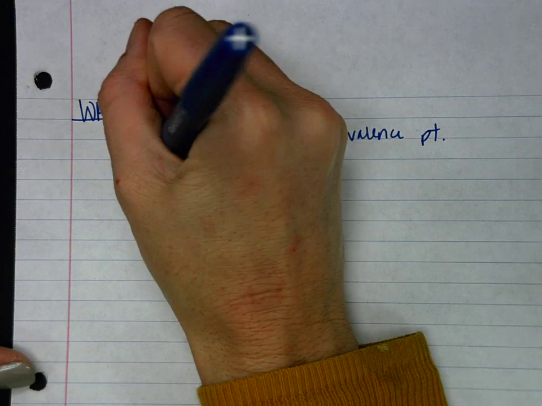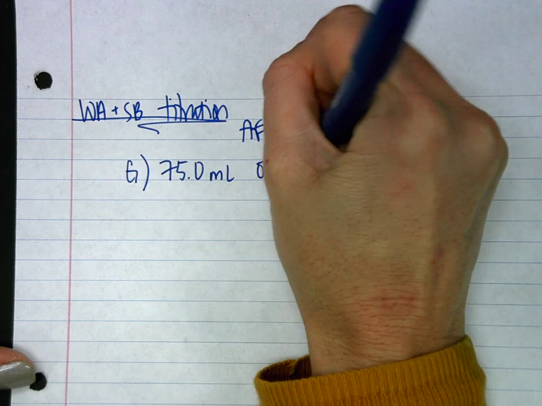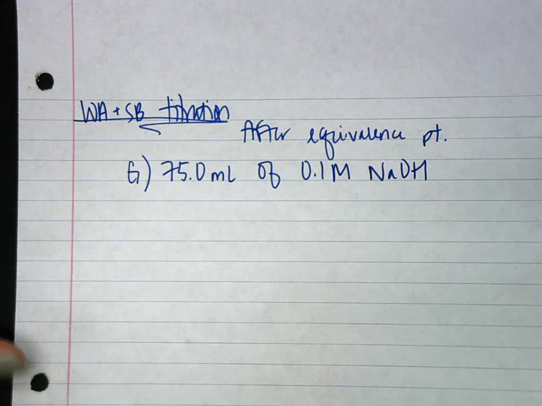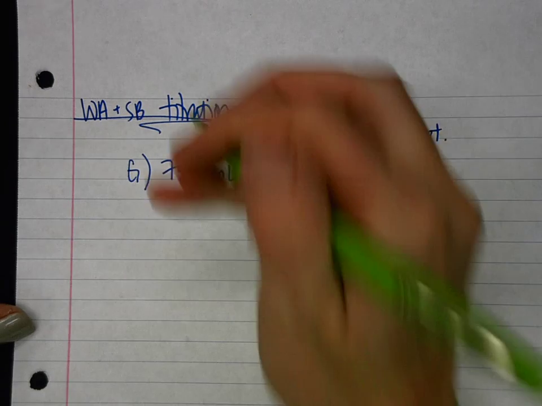All right, so if we look at letter G from the example, if I have 75 mL of our 0.1 molar NaOH being added to our acetic acid, what does that look like? Again, that very first step is looking at what we have left over.